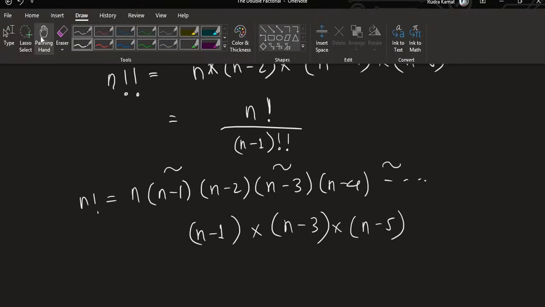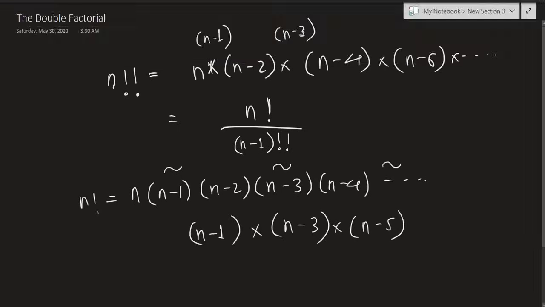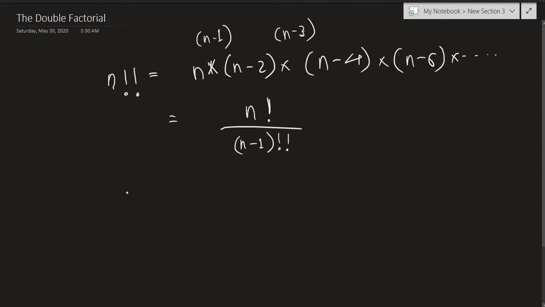So that's one way of actually doing this. But let's take the case where n is even. So n is of the form 2 times k, where k is any positive integer.